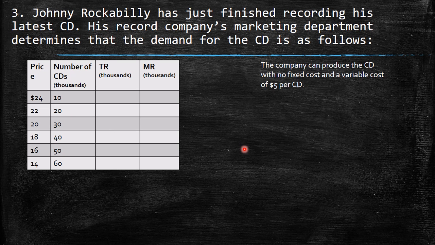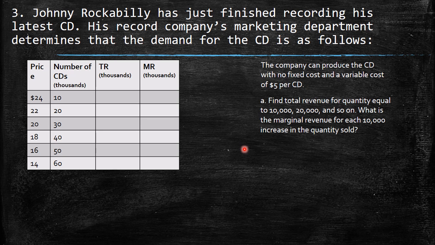The first question says, the company can produce the CD with no fixed cost and a variable cost of $5 per CD. Find total revenue for a quantity equal to 10, 20, and so on. What is the marginal revenue for each 10,000 increase in the quantity sold? First, total revenue.